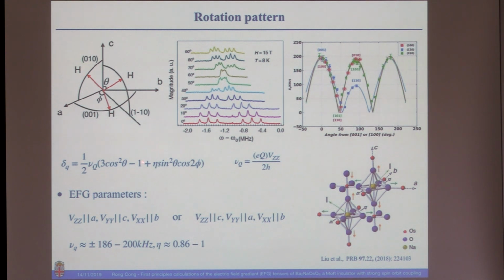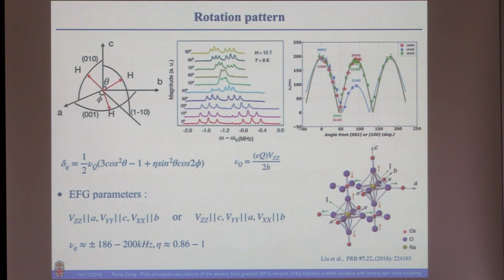What we found is that the EFG parameter has its principal axis along the crystal, and the nu Q value is around 190, and the symmetry factor is close to 1, which is quite a large asymmetry value.